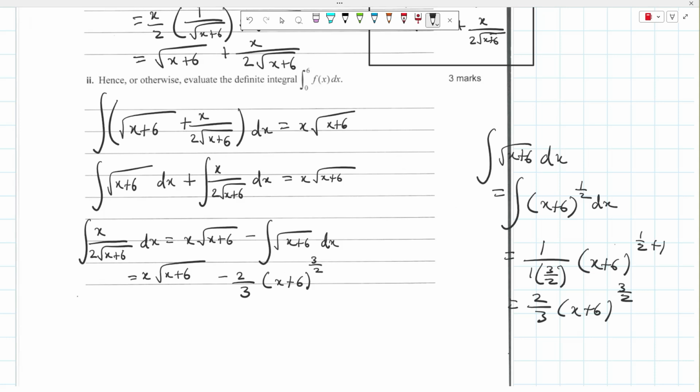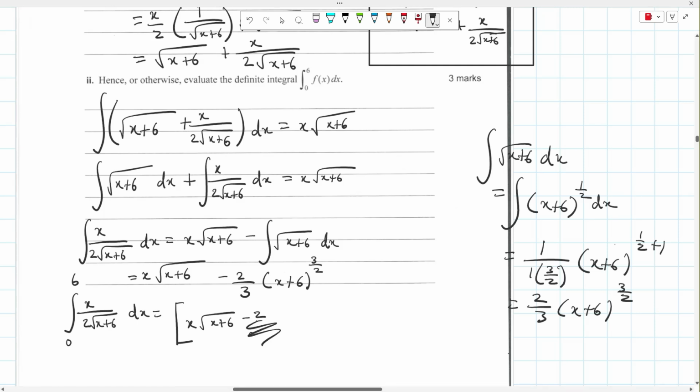Right? Okay. Now let's actually evaluate this from 0 to 6. So we get the antiderivative that we got there, going from 0 to 6.